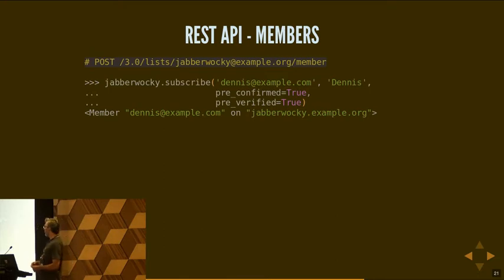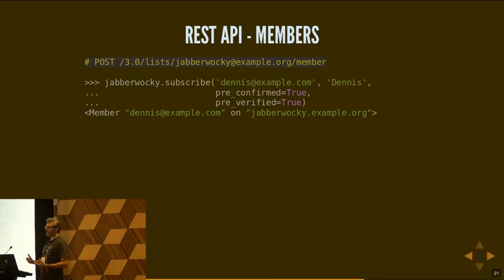The two keyword arguments that I put there are a little bit more important, pre-confirmed and pre-verified. So if I don't use them or put them to false, when Mailman receives this request, it will say, okay, I have a request for a membership for a guy named Dennis on the Jabberwocky list. So there are a couple of things that I don't know. First, I don't know if this email address exists at all. And second, I don't know if this person actually wants to subscribe to that list.